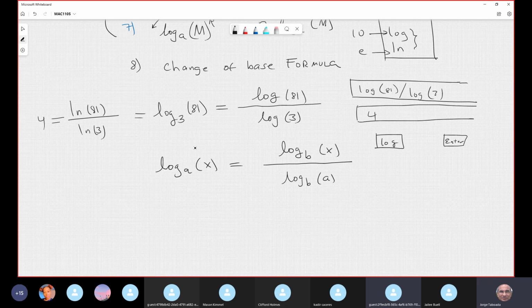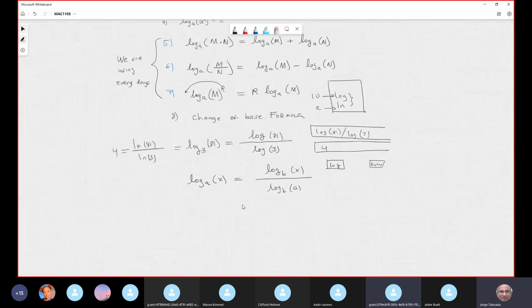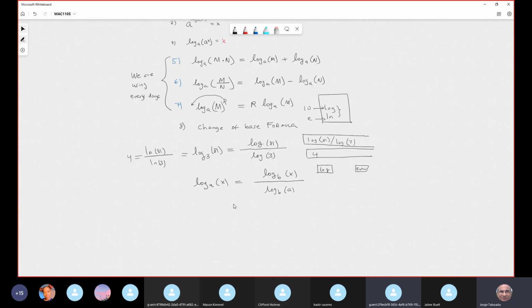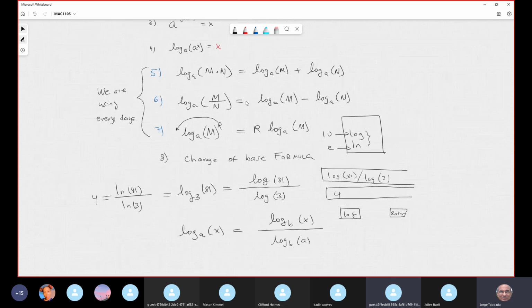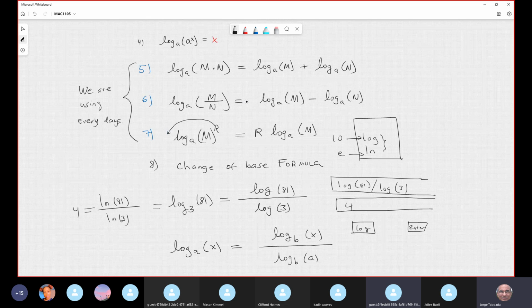We practice a little bit, easy examples in which you apply properties 5, 6, and 7. Miscellaneous examples in which you practice properties 5, 6, and 7: conversion of division to subtraction, multiplication to addition. We can use these properties in both directions.